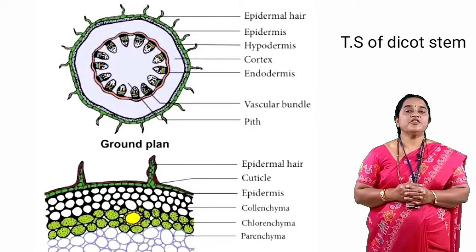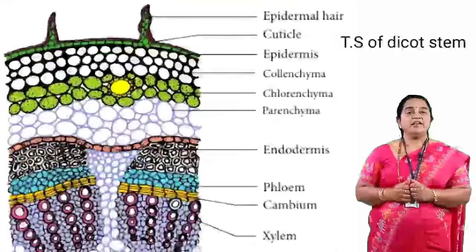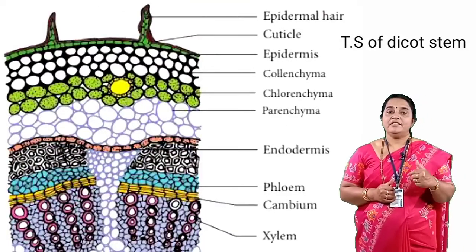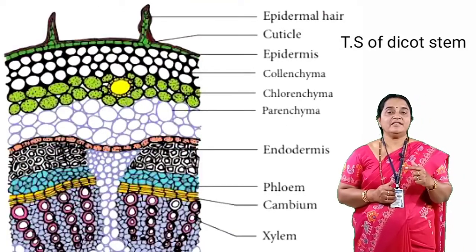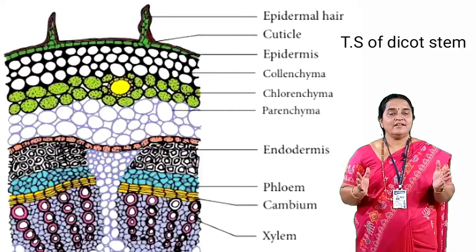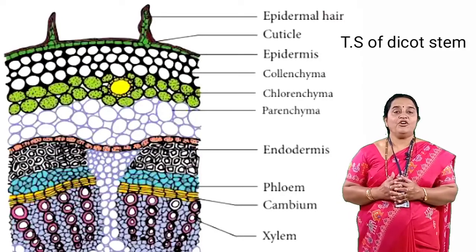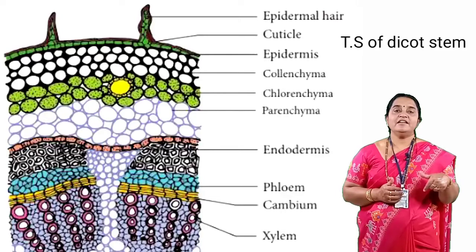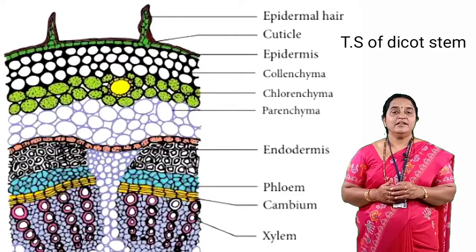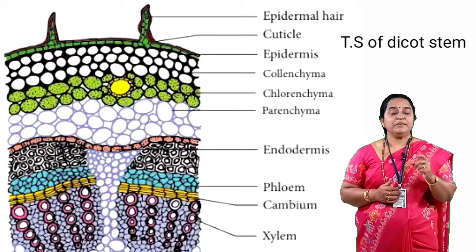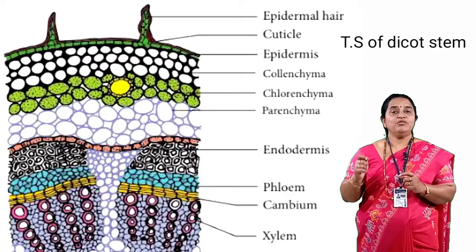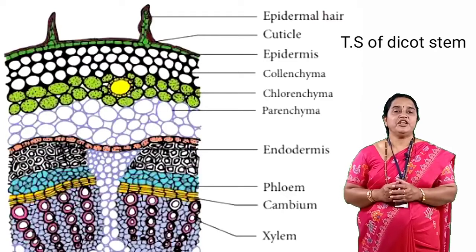Then third region is cortex. This cortex is well defined with loosely arranged parenchymatous cells having many intercellular spaces. Next to cortex, we can see the single layered endodermal layer. It is specialized with the stored food granules. These are the starch granules.